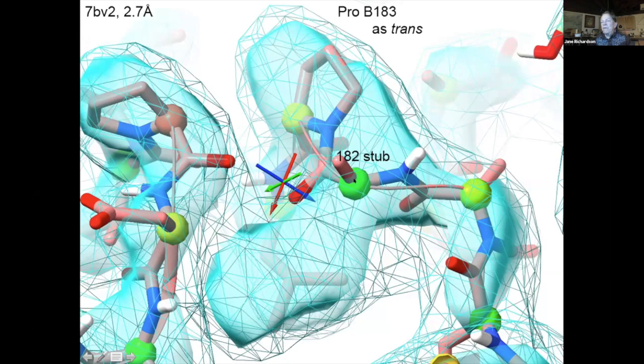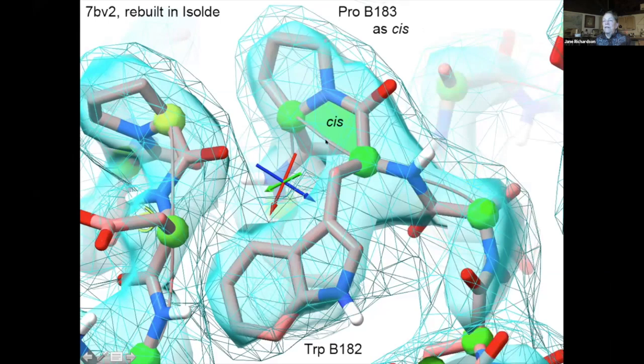And this meant that the tryptophan right next to it could not be fit into what is this obvious tryptophan density. And so they actually truncated it at the C beta. And if you change it to cis, then it just slides right into that gorgeous density. So if you're having real problems with your structure, you might want to learn how to use Isolde.